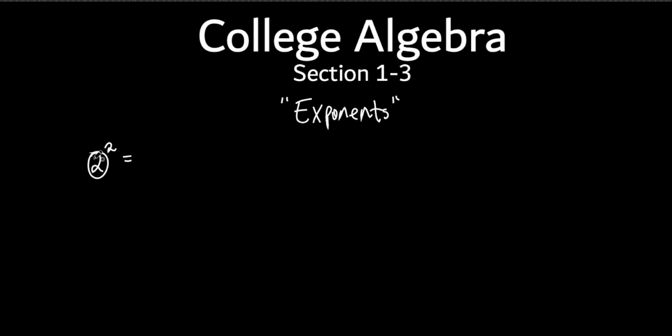So it means you take this big number right here, and you take it to the second power. What does that mean? It just means you multiply that big number, which we call the base, by the way. That's called the base. And then the little number on top, that's called the exponent.